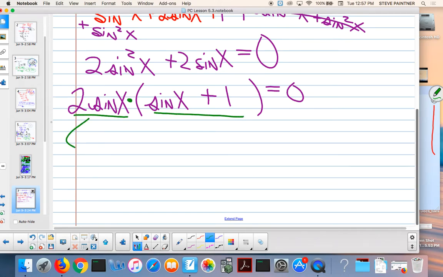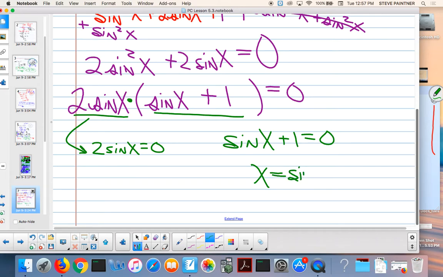When is this going to be 0? When is this going to be 0? This will be when sine x is negative 1, inverse sine of negative 1. This one will be divided by 2, 0. So x will be inverse sine of what? 0.